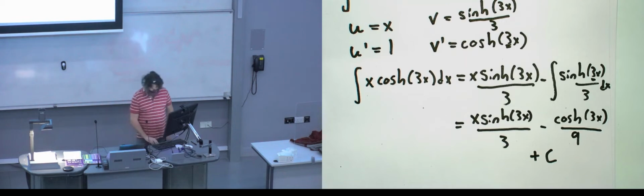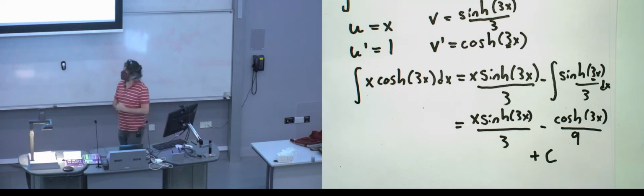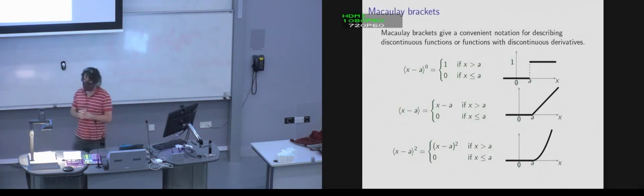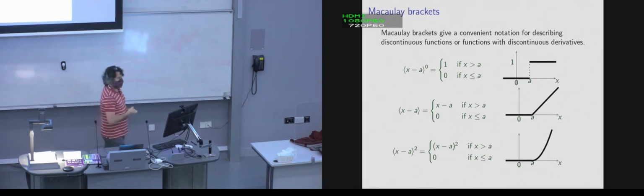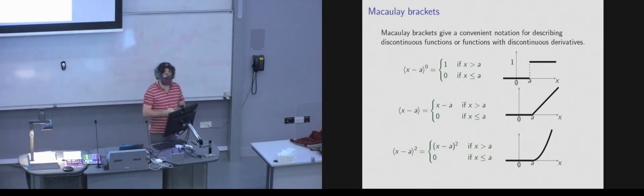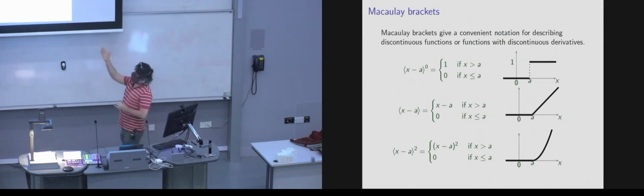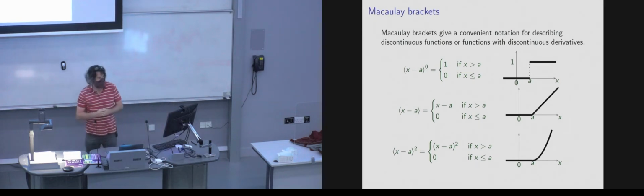All right, so the other topic from last week that I didn't get to in the previous review session was Macaulay brackets, which I think is a new thing, probably for everybody. This is really a system of notation for describing discontinuous functions or functions with discontinuous derivatives. The notation is given here on the slide.